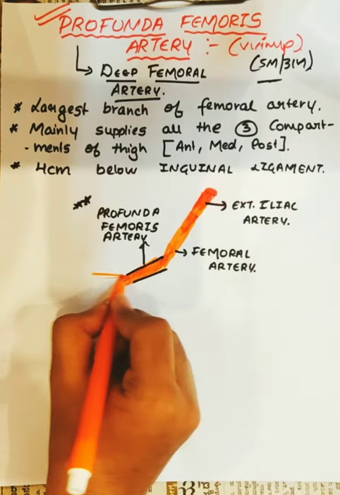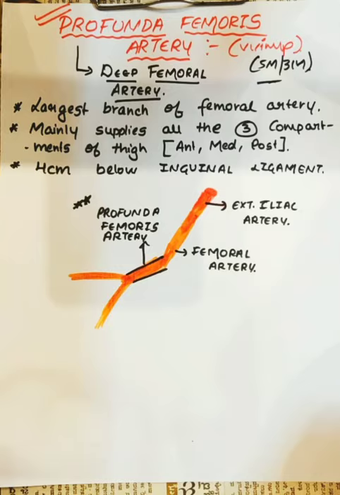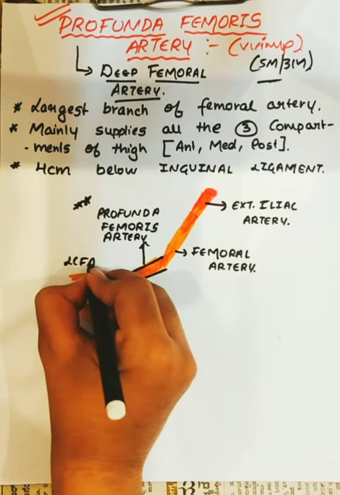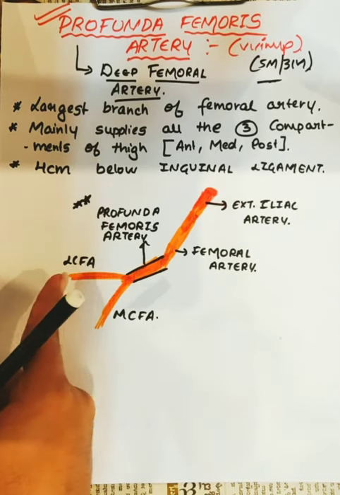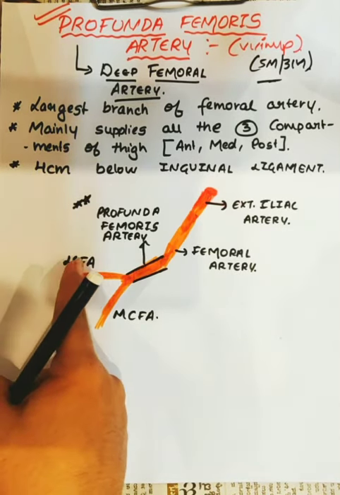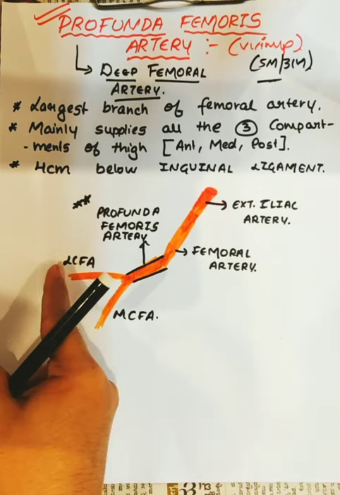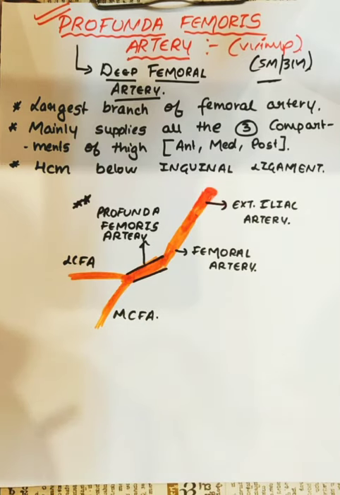Remember this. LCFA means the lateral circumflex femoral artery, and MCFA is the medial circumflex femoral artery. The lateral circumflex femoral artery as well as the medial circumflex femoral artery.